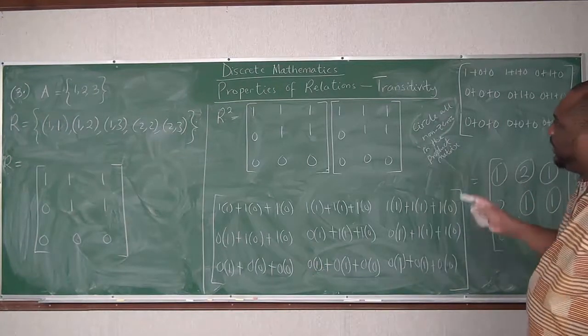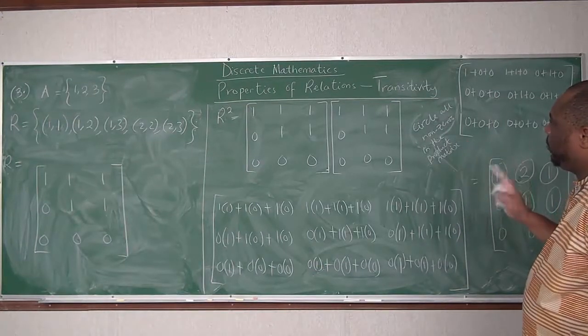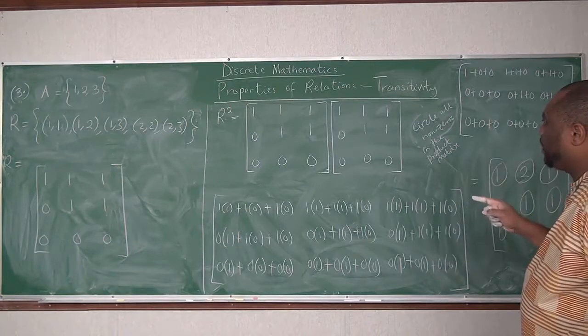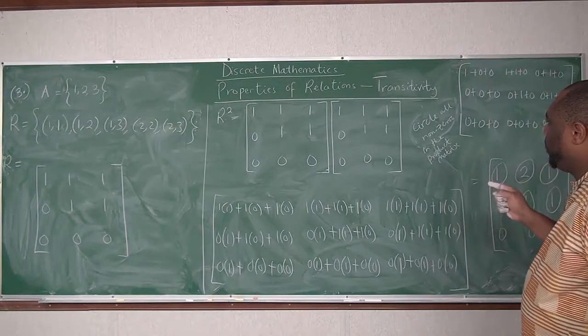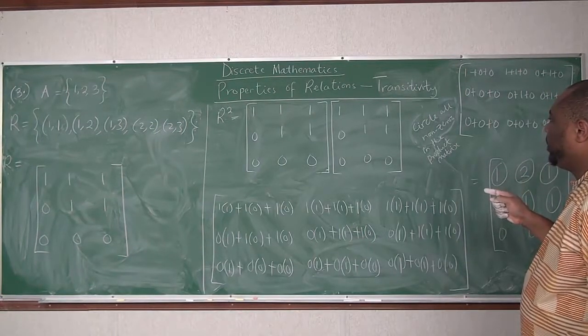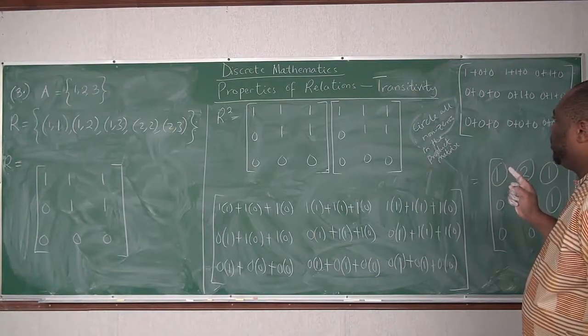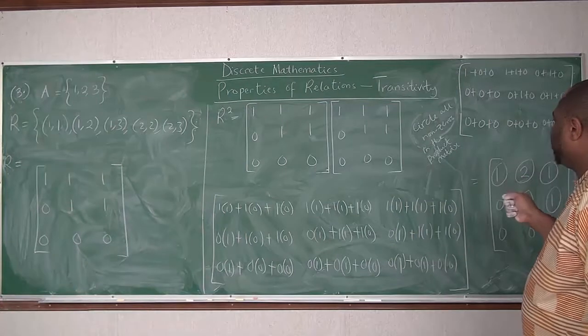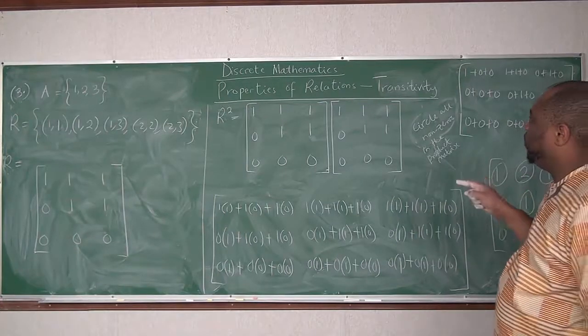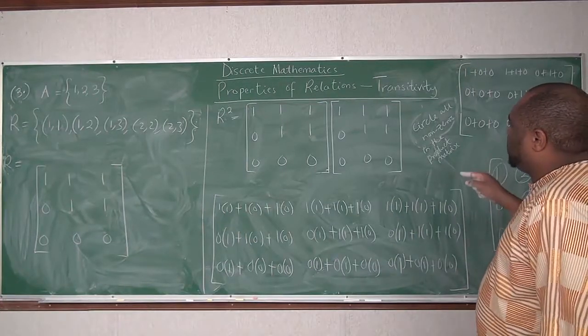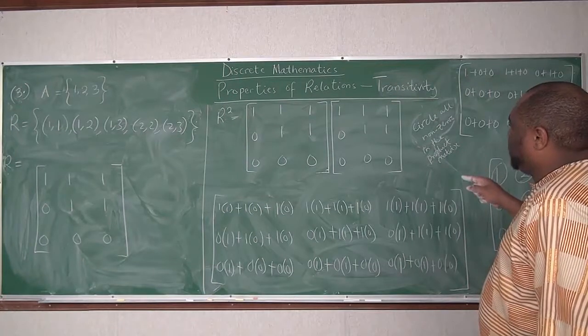So let's look at it again. Row by column, 1, 1, 1, 0, 1, 0. That works. Second row, 0, 1, 0, 0, 0, 1, 1, 0, 1.